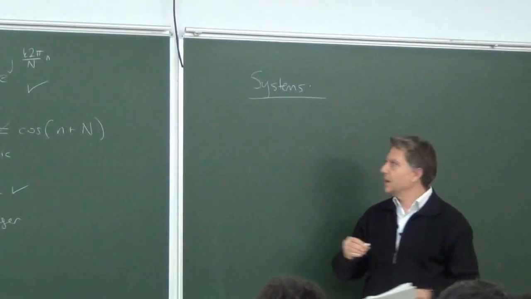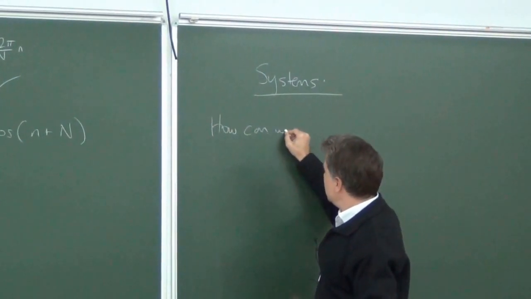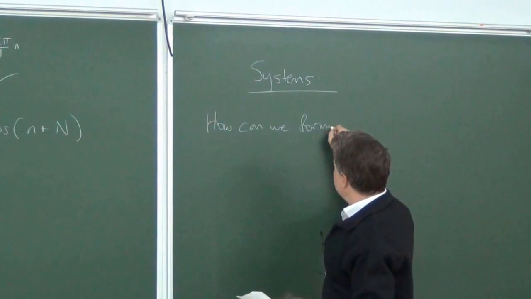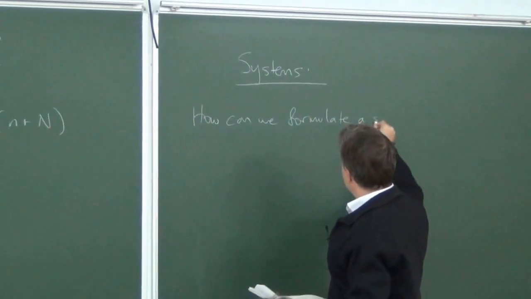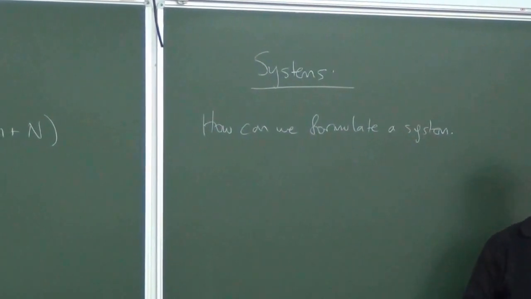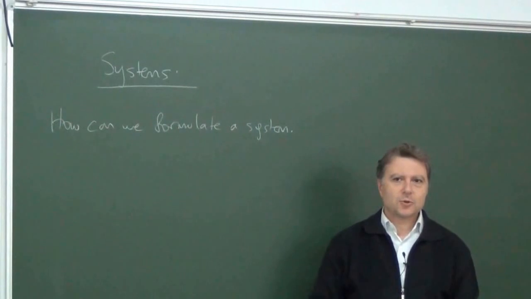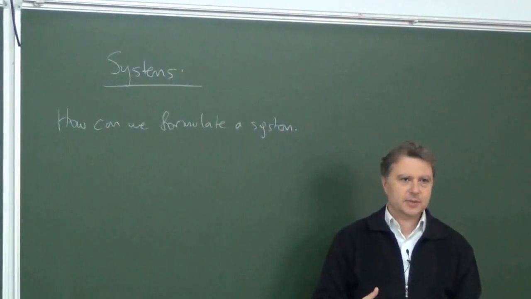a system. So the main question is, how can we formulate a system? I want you to write down a system. How can you do that? You are engineers, you're supposed to design systems.